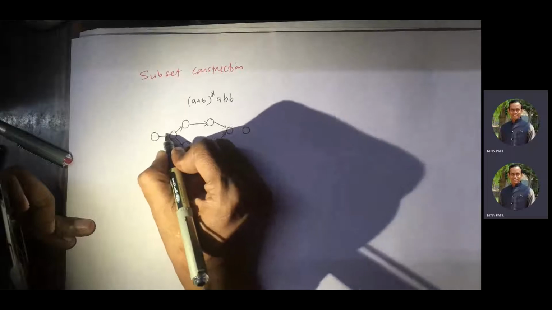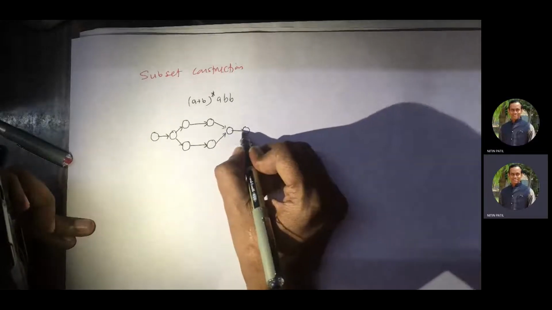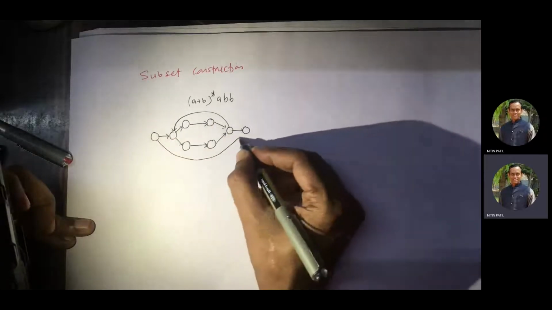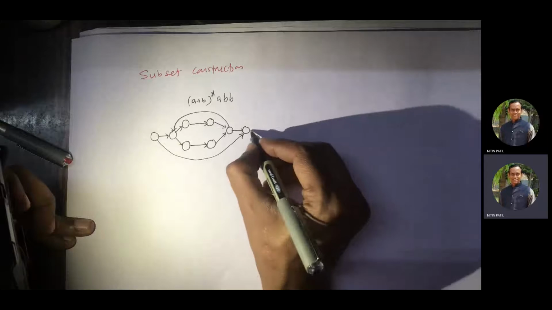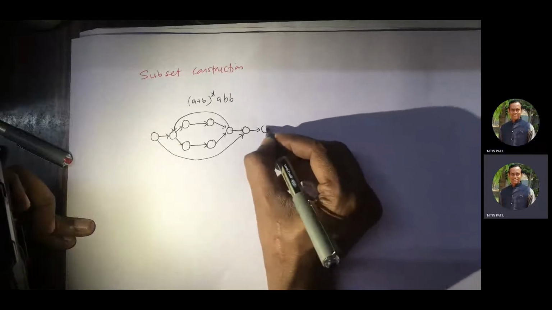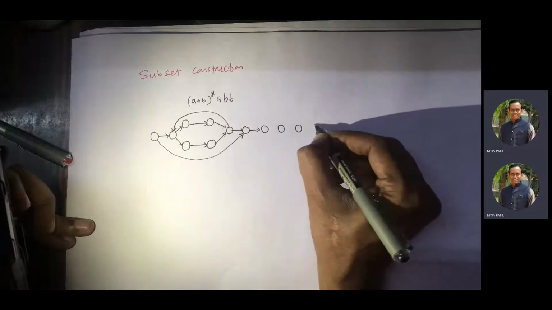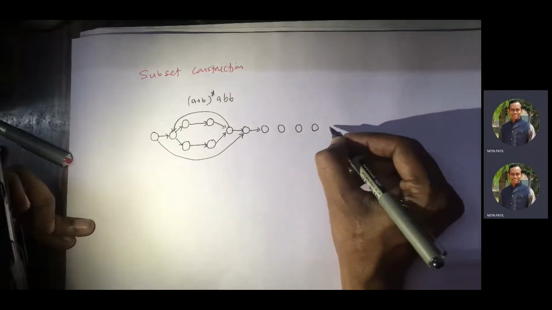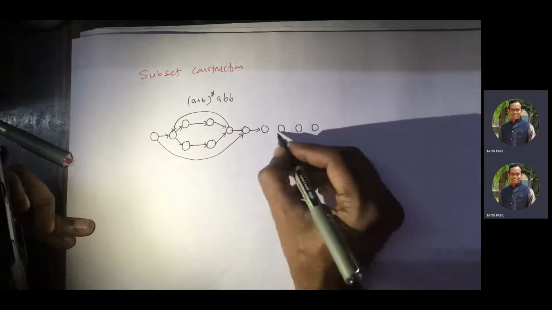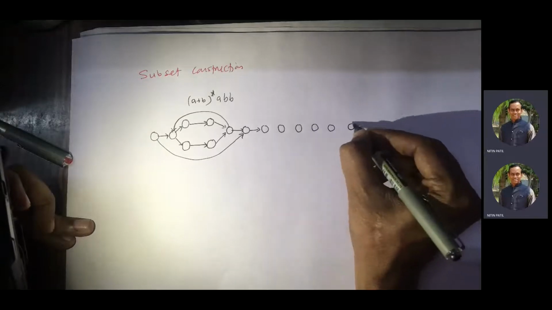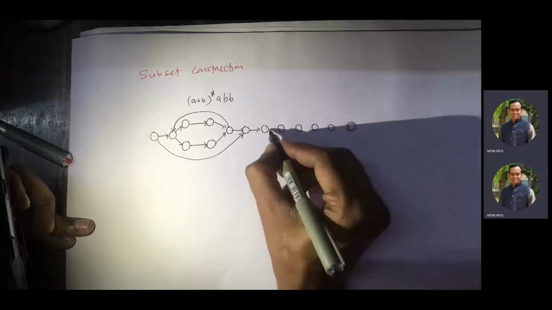So this is (a+b)*. Then we have this A, this B, and A, and then B, and then B. So this would be your final state.